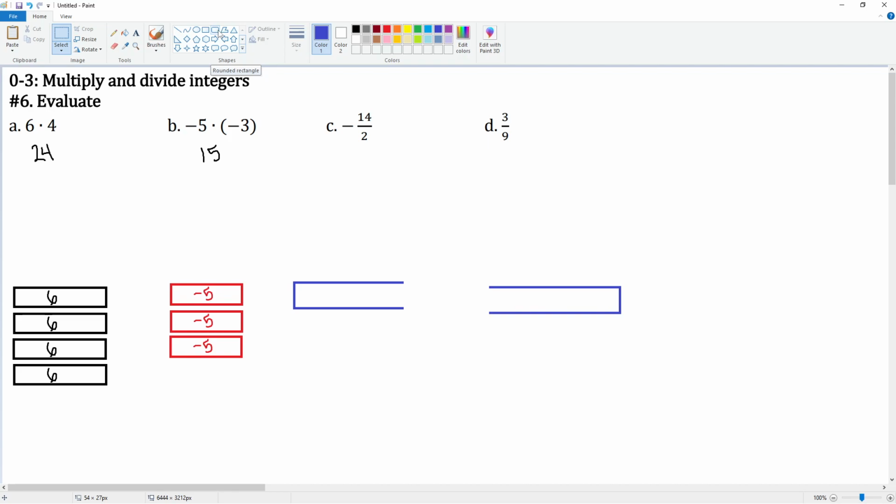The first part here is going to be a, oh wait, it's negative. Let me go back. It should be negative 14. Should be red. Negative 14.